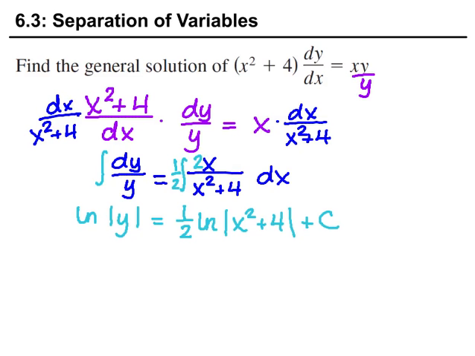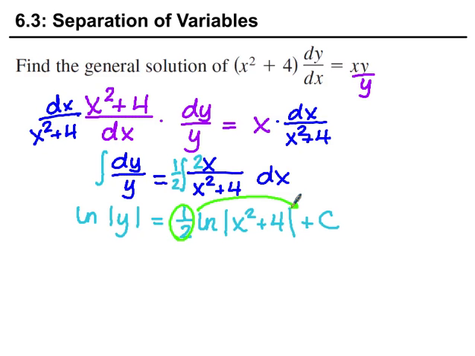So then now I need to solve that. Okay? So to solve that, what do I need to do then? How do I get rid of the ln? Okay, first thing I'm going to do before I do the e to both sides, though, is I'm going to go ahead and move this 1/2 up.